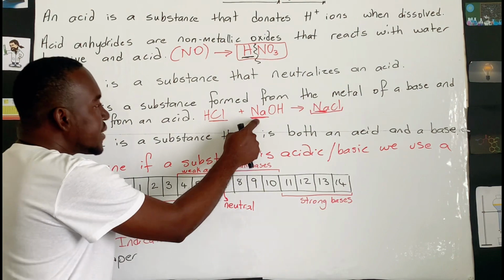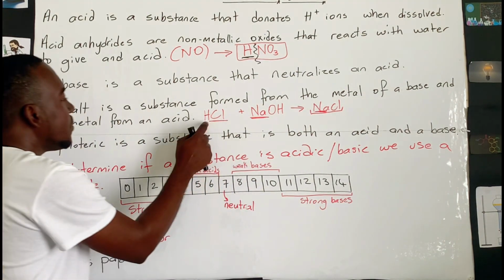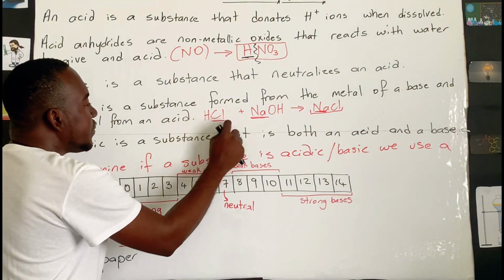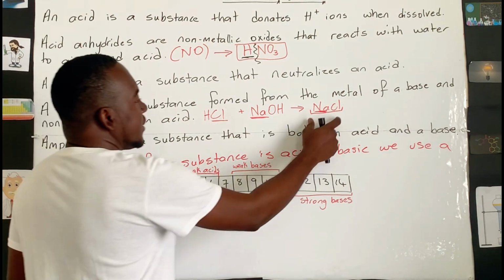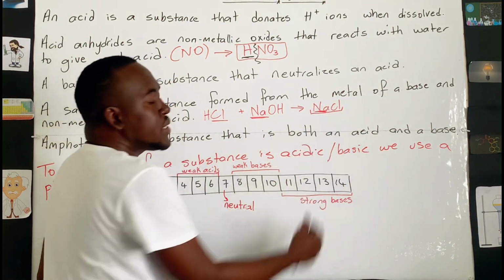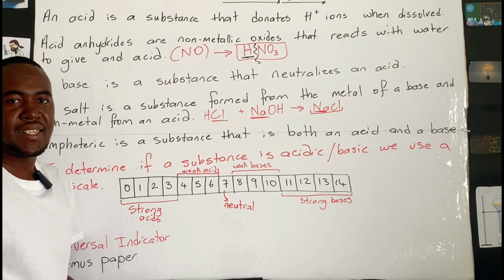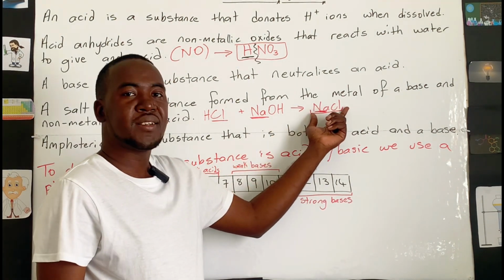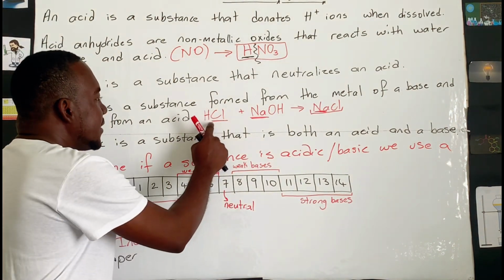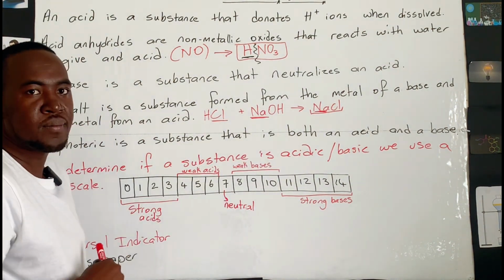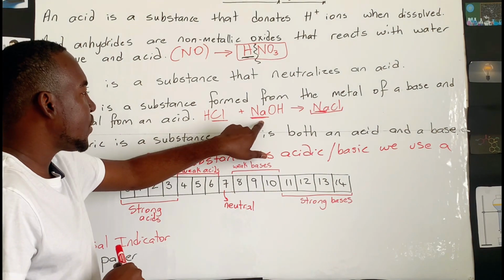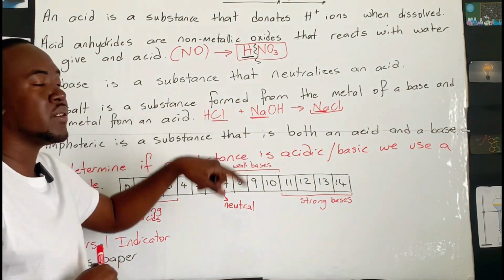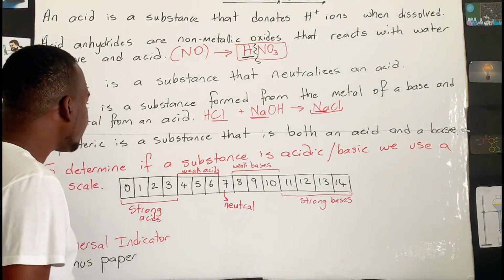Then the metal from our base combines with the non-metal part of the acid and we get NaCl, which is commonly what we call table salt. So as you can see, we get a salt from the reaction of an acid and a base, where the metal of our base reacts with the non-metal from our acid.